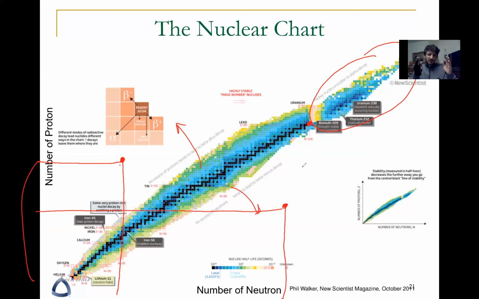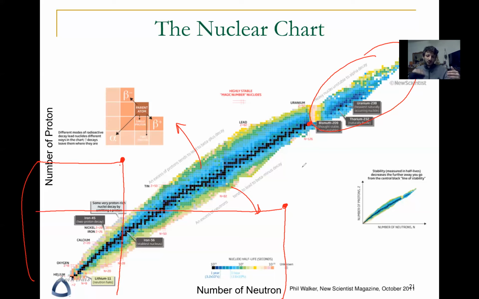Because if you have a lot of nucleons inside the nucleus, you will arrive at a point where the nucleus becomes very heavy. In this case, it's easy to split the nucleus. So it's easy to have some decay, some radioactive process, gamma, beta, any spontaneous decay.